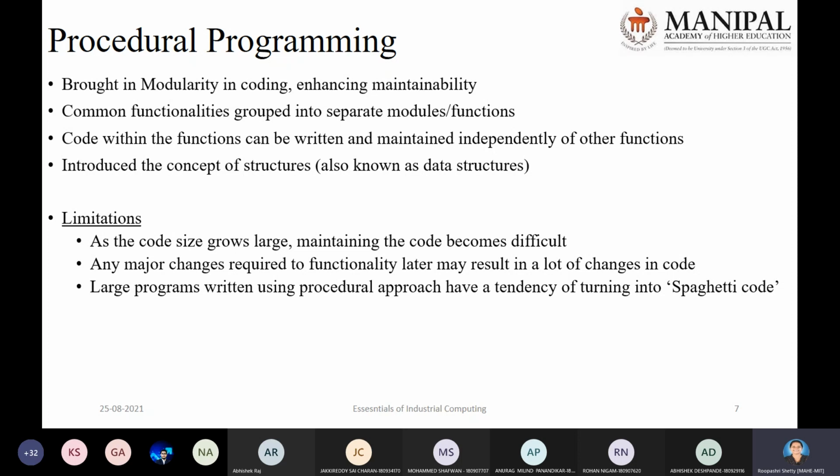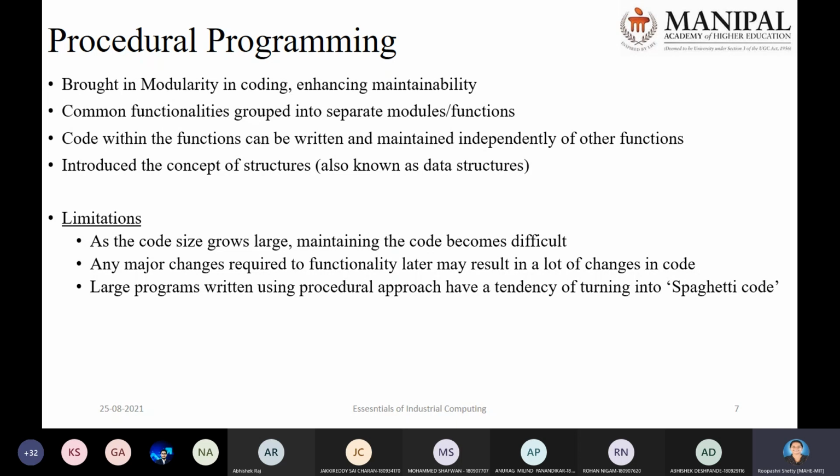Still, there are further limitations with respect to procedural programming. When the code size grows large, maintaining the code becomes difficult. I write a function which could be called in so many other places.